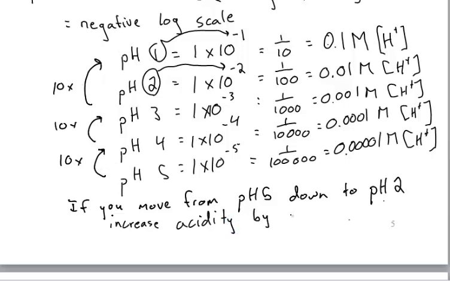That's going to be 1 followed by 3 zeros, 1,000 times.